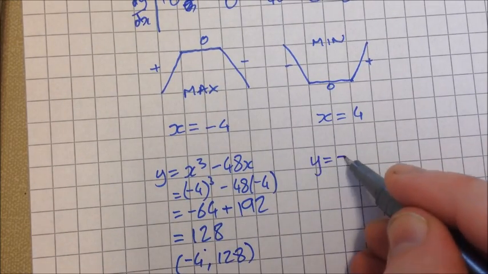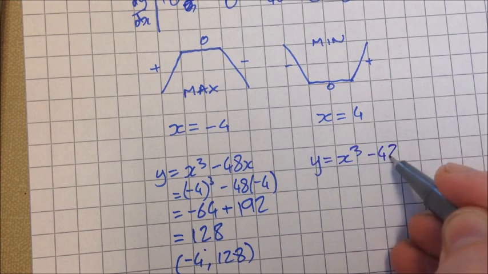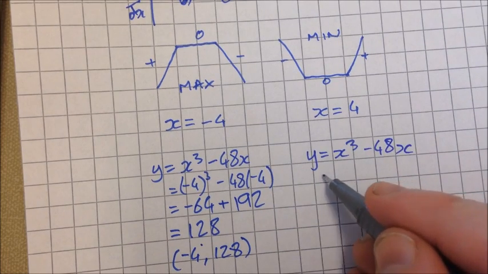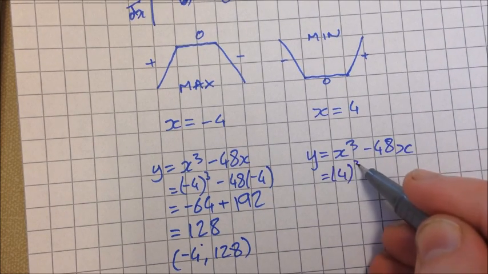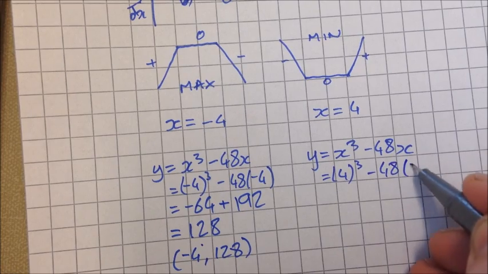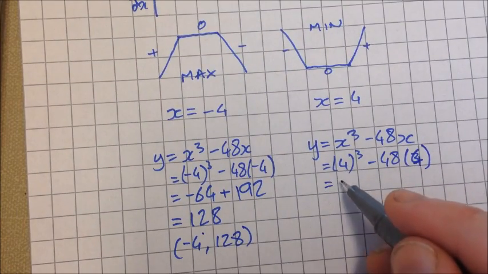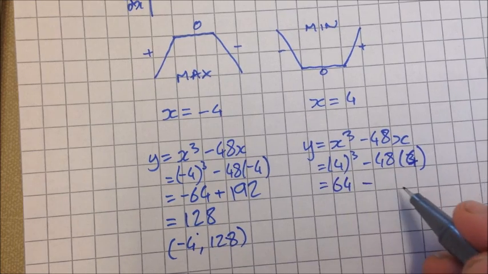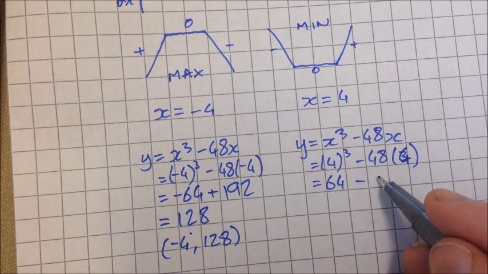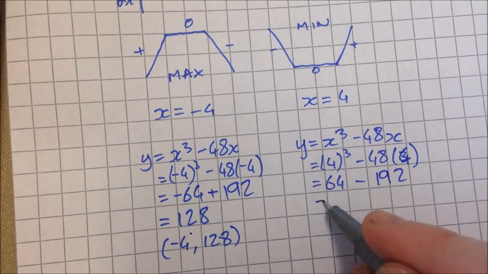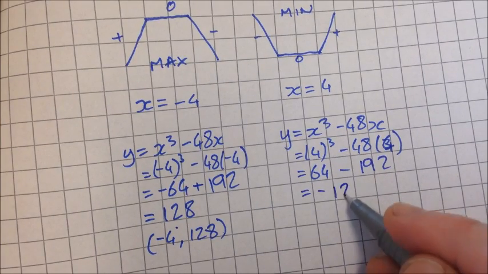And for this one, y equals x cubed, take away 48x. That's going to be 64, take away 192. So that is going to be -128.